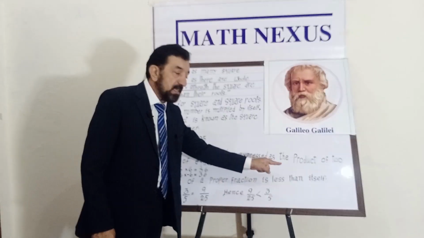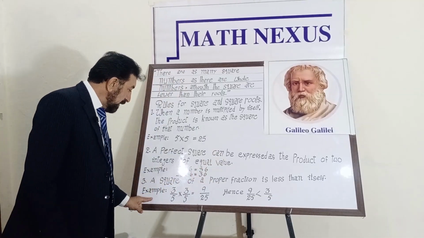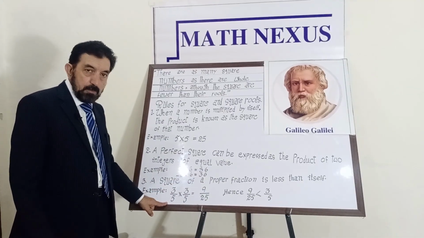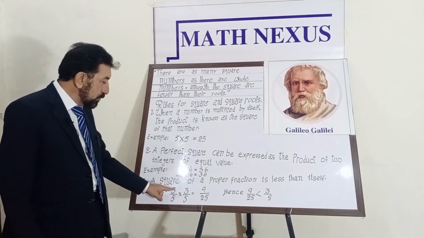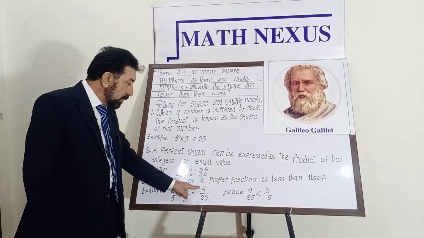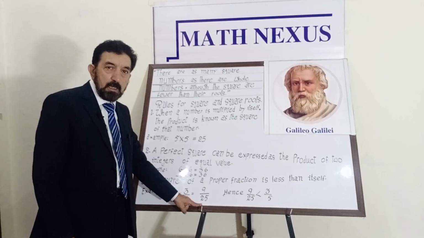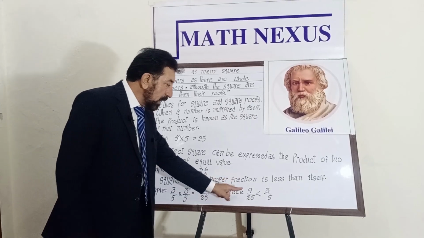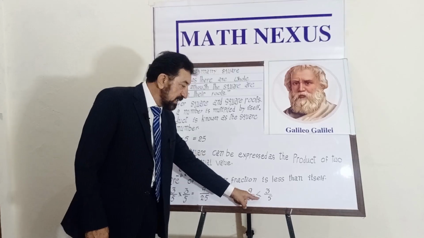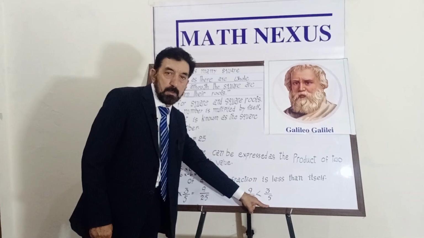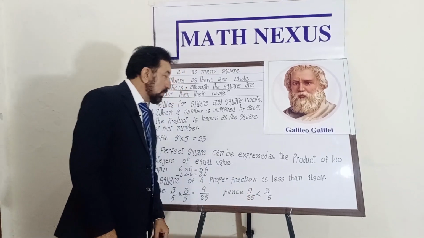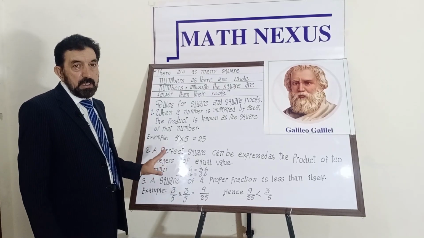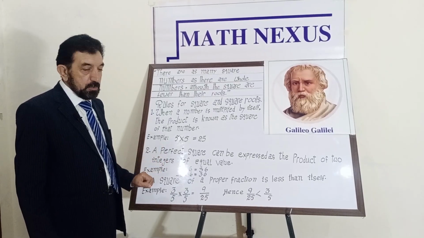Example, 3 upon 5 into 3 upon 5 equal to 9 upon 25, where 9 upon 25 is less than 3 upon 5. This is the third rule of square and square root.